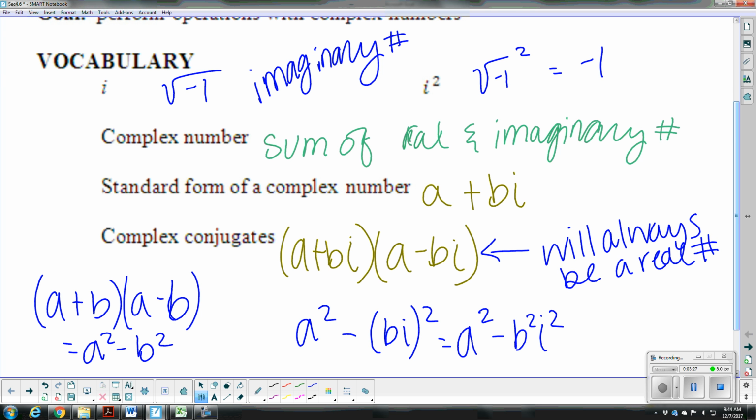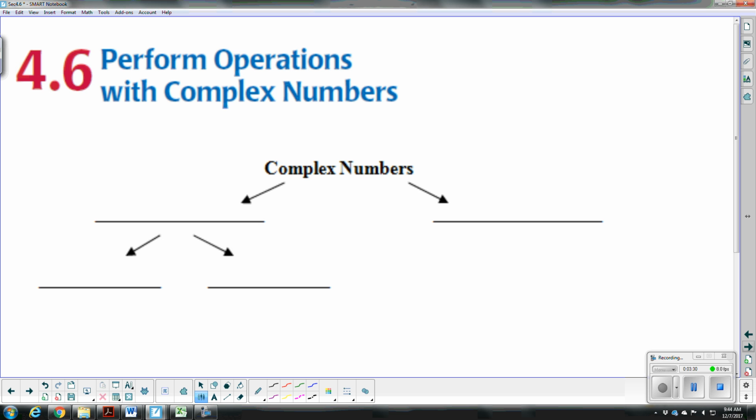So let's look at that flow chart for complex numbers first, and this is the next part on your note sheet. Your first part of a complex number is the real part, and then the second part is the imaginary part.